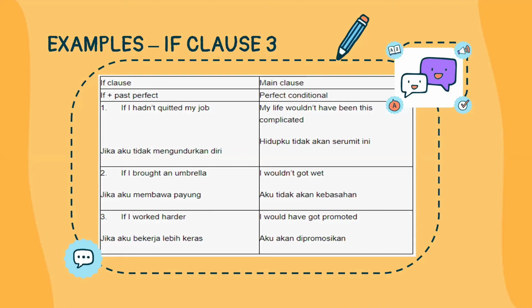Example 1 is past perfect: if I hadn't quit my job. But in example number 2 and number 3, if I wrote and if I work harder, this is not past perfect. What do you think about that?